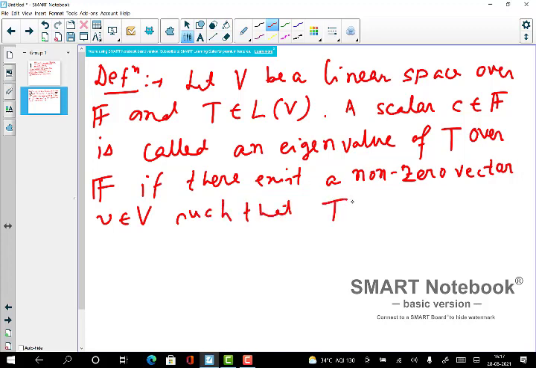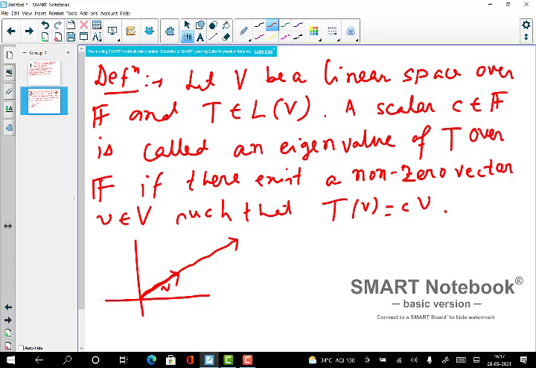T of v, the image of v under T, is nothing but a multiple of v, that is c times v. Geometrically, what does that mean? You have an original vector v, and when you apply T, the image lies on the same line through the origin, the same subspace, and it is multiplied by c.